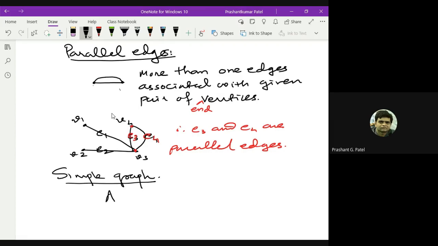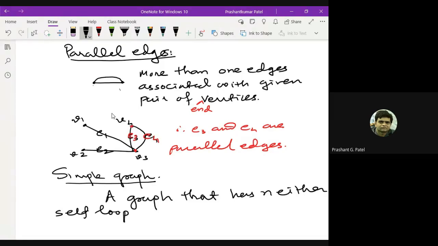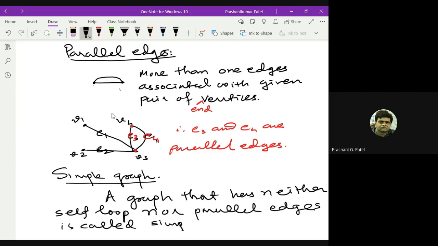A graph that has neither self loop nor parallel edges is called a simple graph.